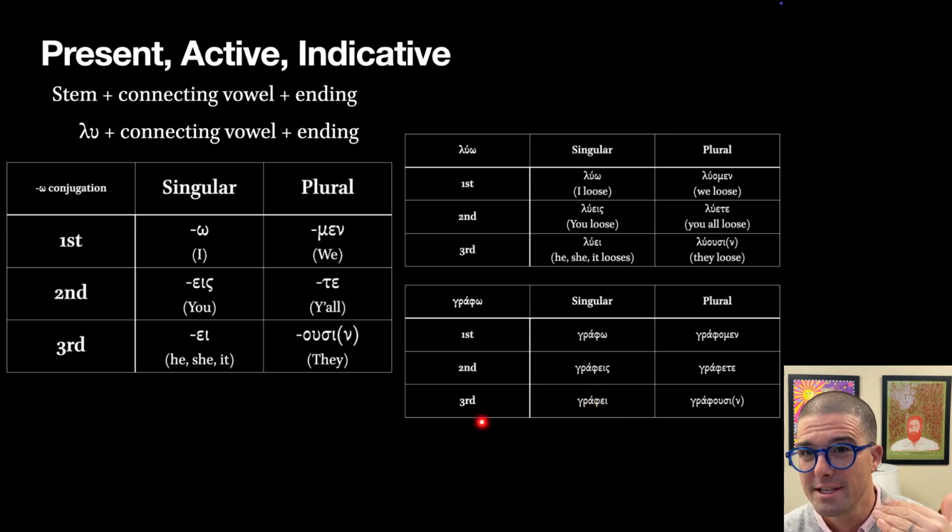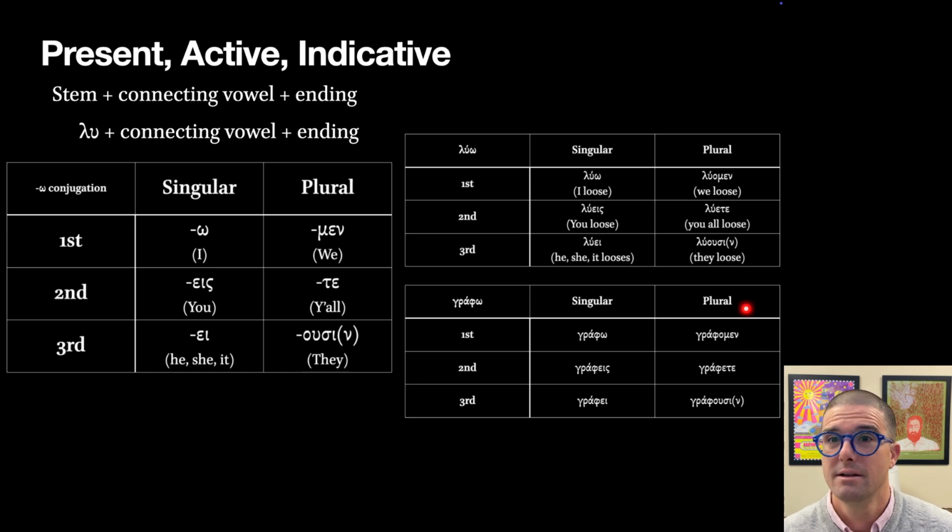That's right, the person is third, the number is singular. Over here to graphomen, the person is, that's right, first, and the number is, yes, plural. And then for graphete, person is second, number is plural. And then graphousin, the person is third, and the number is plural.